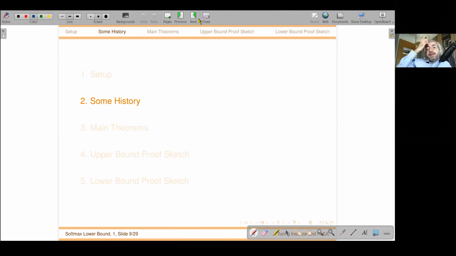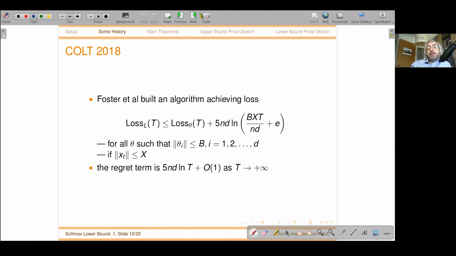Let me show you some background now, where this all came from. Raisa and I became interested in this problem when we saw a paper at COLT 2018 by Foster et al.